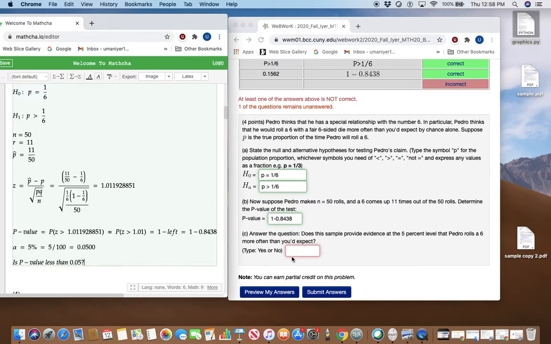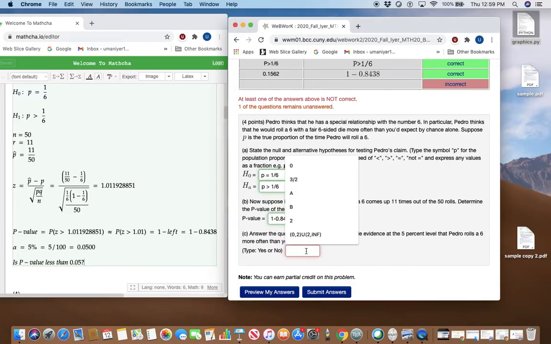If it is less, then you have to reject H naught. Okay, if it is less. Correct. So do you expect this to happen? You would say yes. Reject this.